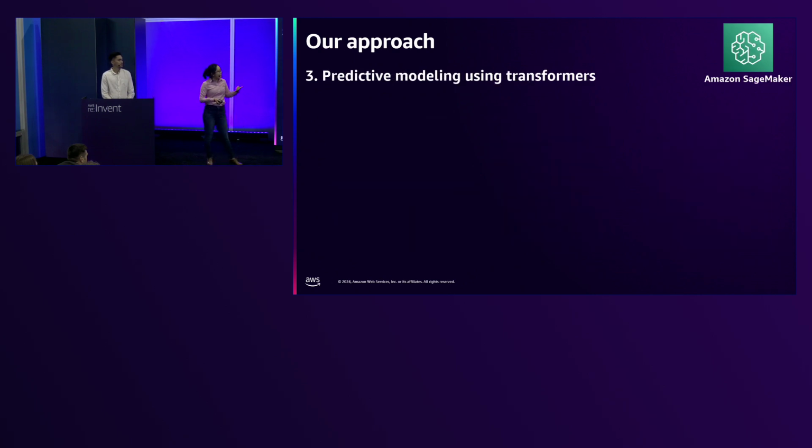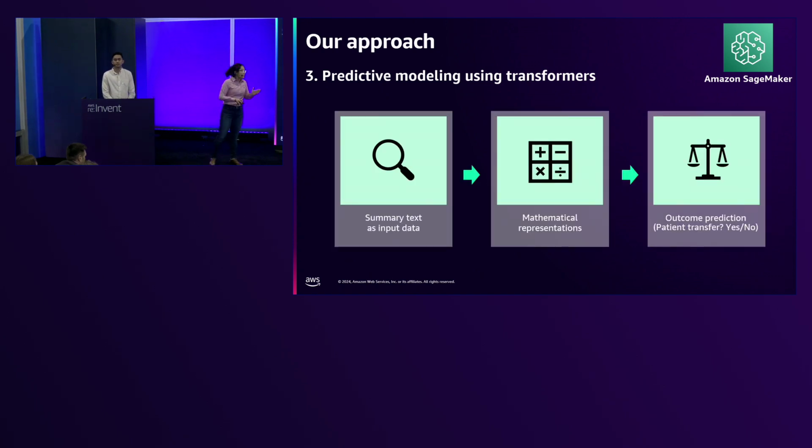So the third thing that we wanted to highlight is that we then wanted to take that summary information and directly feed it to a transformer model for the next predictive modeling task. And this works really well because transformer models have the underlying architecture that's very similar to LLMs.